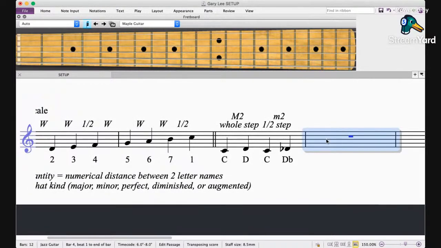All right, let's look at thirds here. So here we have C to E, and we know that's a third because C is 1, D is 2, E is 3. So this is a third.